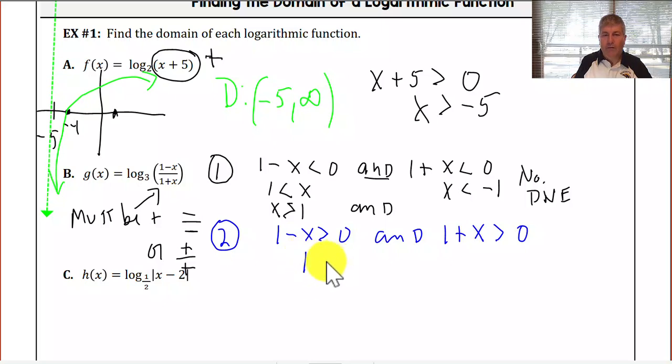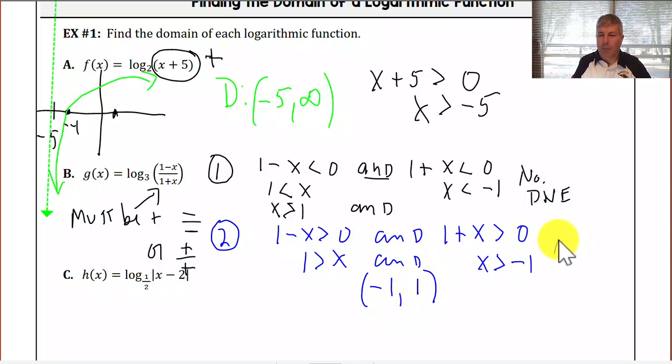Well, in this case, we'll get x is less than 1 and x is greater than negative 1. Well, that does exist. We can get an x less than 1 and an x greater than negative 1. So our domain in this is from negative 1 to 1.